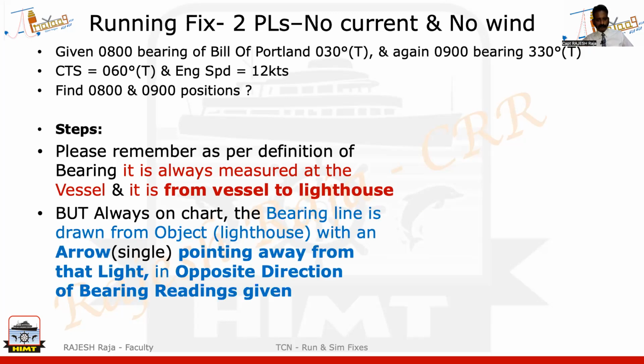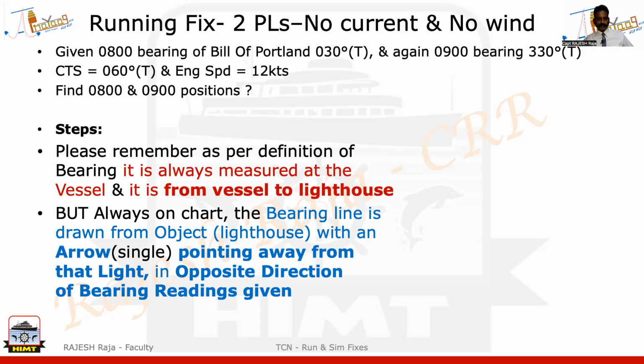You only have Bill of Portland. You don't know where you are. So you don't draw 030 from Bill of Portland. Please remember, you will draw exactly the reverse, the reciprocal of 030, from Bill of Portland. You'll mark it with a single arrow wherever your line ends, showing the symbol of PL.